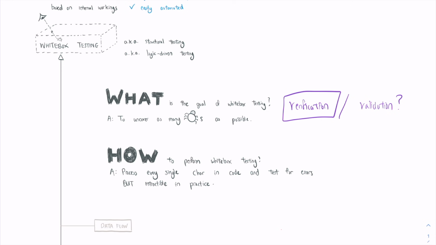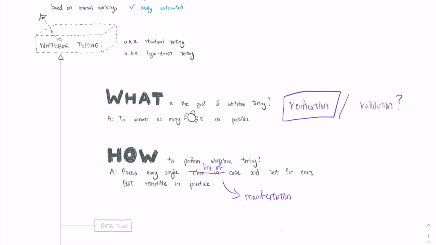Well, the general idea is to process every single character in code and test for errors. You can also phrase it as processing every single line of code, since LOC is something that we may be more familiar with from previous lectures. But in general, it is trying to go through every single manifestation of your code.